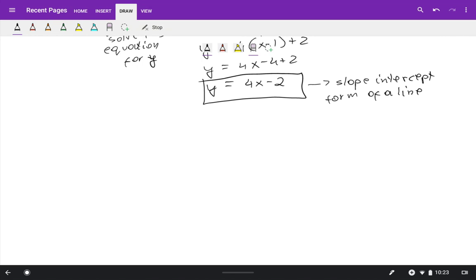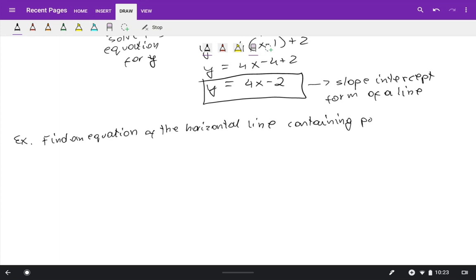So the next example will be: find the equation of the horizontal line containing the point (3, 2). A couple of things here.